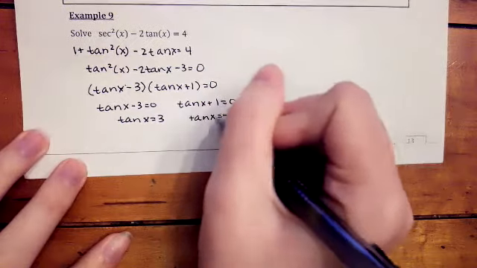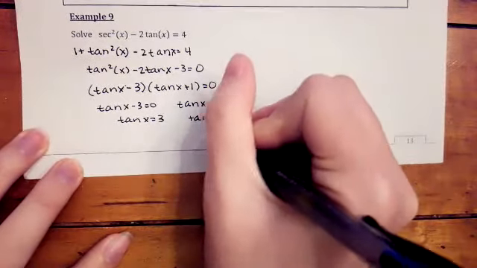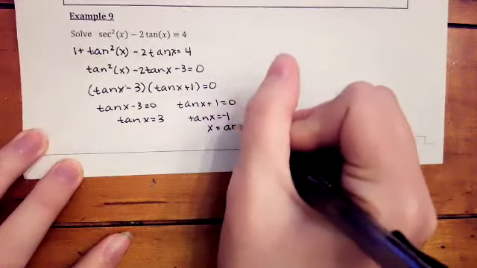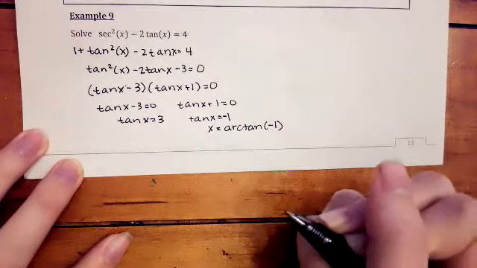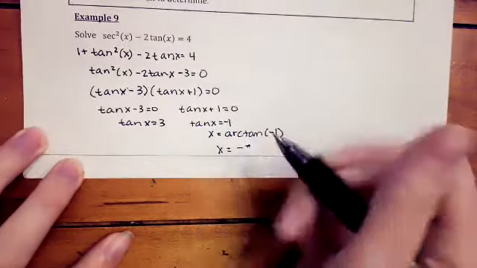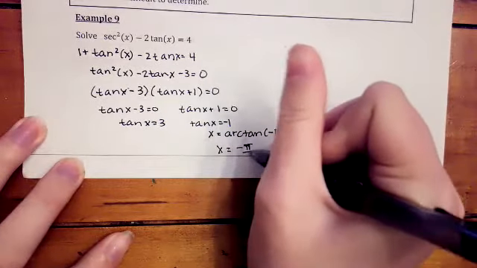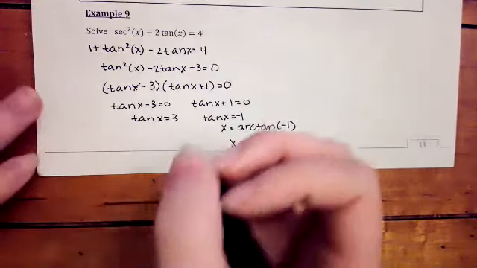So this one's the easier one to start with, this tan x equals -1. We'll say that x is equal to arctan of -1. And if we're looking at that, that would be -pi/4 on our unit circle. Okay, so that one's a little easier to find.